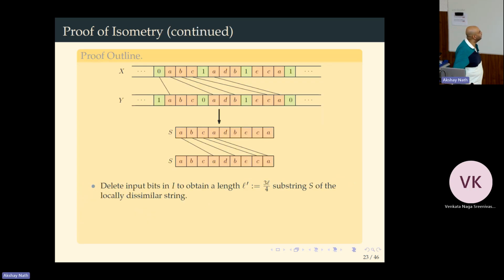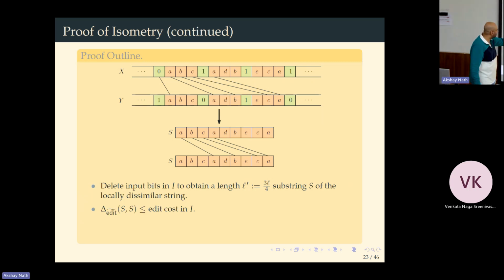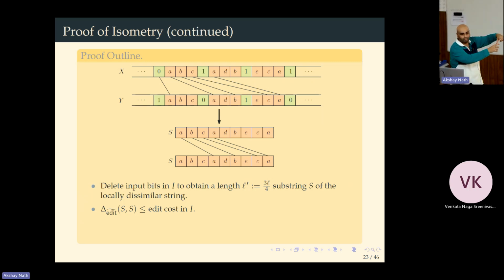And the idea is the following. Fix this interval. There is no vertical alignment. Remove the input symbols, so remove the 0s and 1s. So you're left with these 2 strings, S and S. Okay. And we know that its length is 3L over 4 because you removed 1/4 of the bits. And this is supposed to be coming from a locally dissimilar string. So first see that the edit cost of S and S is at most the edit cost in I, because I've just removed things.